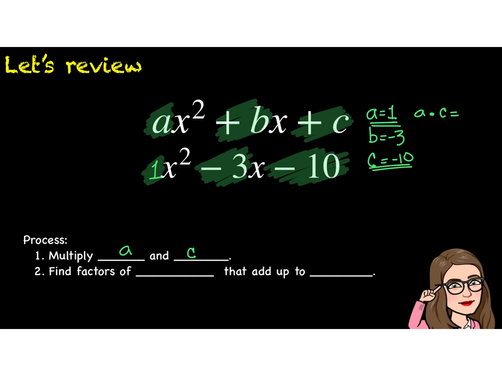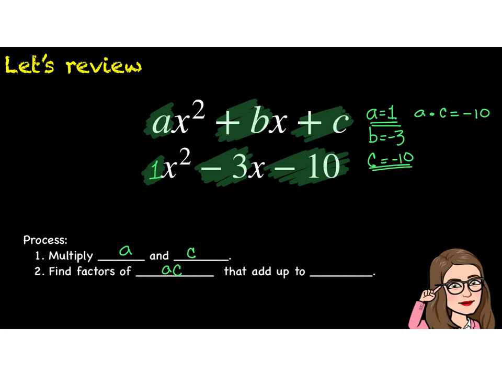A times C in this case is negative 10. Once we do that, we go to our second step: find factors of AC, the number we got after multiplying A and C, which happens to be negative 10 in this case.